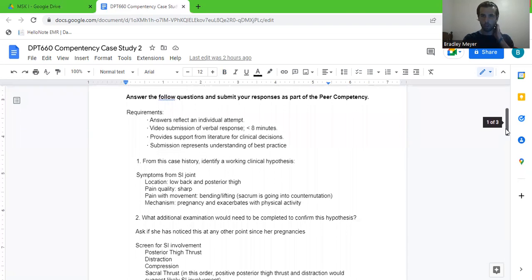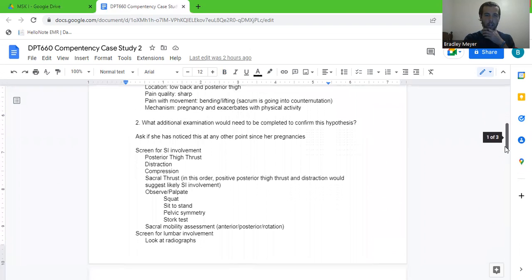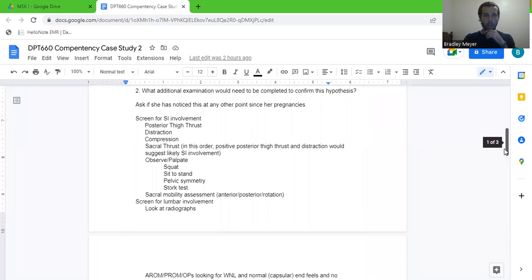In order to rule in the sacroiliac joint and rule out other parts of the body, first ruling in SI, doing the cluster of tests, starting with the posterior thigh thrust and distraction. If the SI is involved, we'd be looking for reproduction of P1, and then continuing on if we need to with the compression and sacral thrust tests.